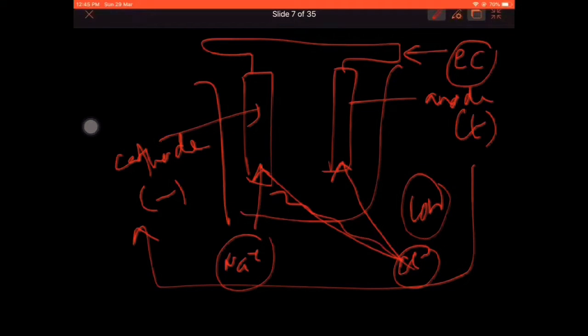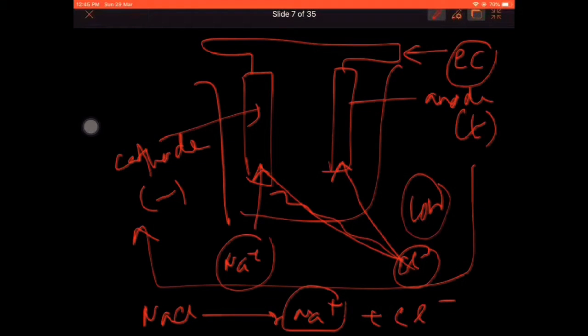As I mentioned, regarding the independence of ionic migration and mobility, let's say we have an NaCl solution, NaCl and then Na plus and Cl minus. The movement of Na plus is not going to be affected by Cl minus.